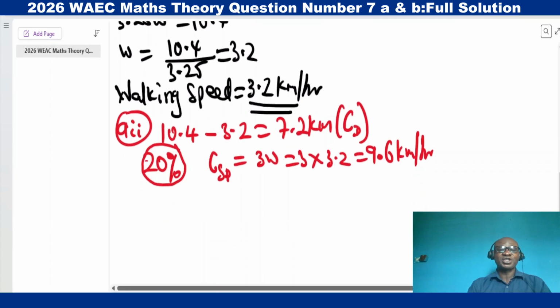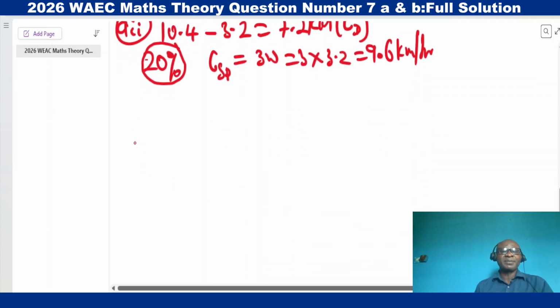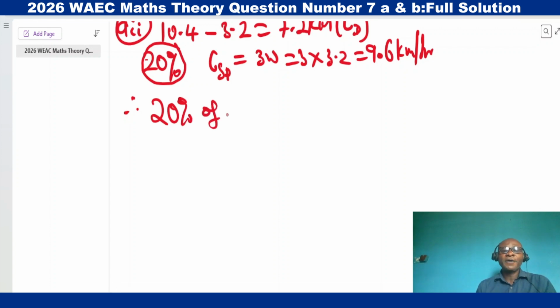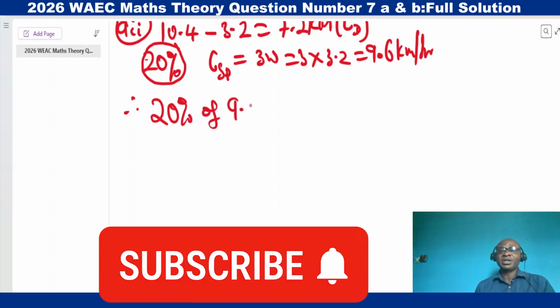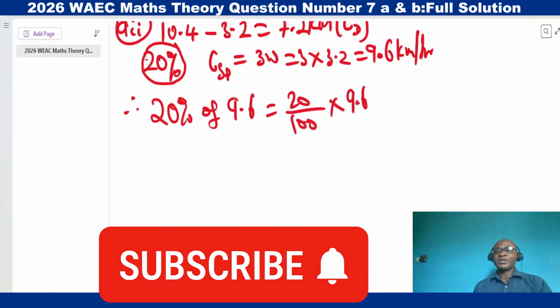I will now increase it by 20%. 20% of 9.6 will be 20 over 100 multiplied by 9.6. Working it out, 9.6 multiplied by 20, then divided by 100, gives me 1.92.